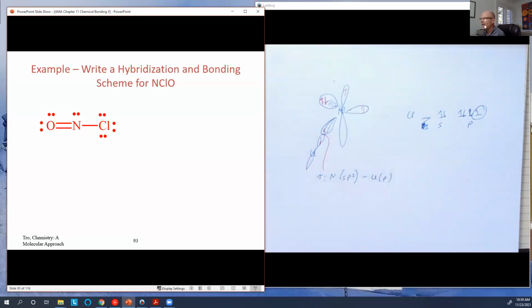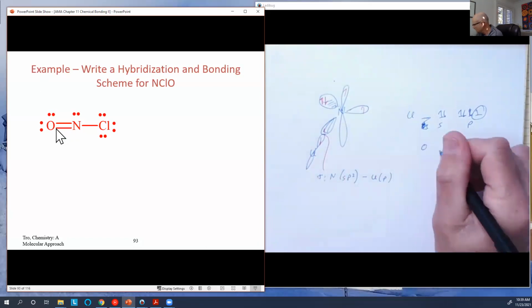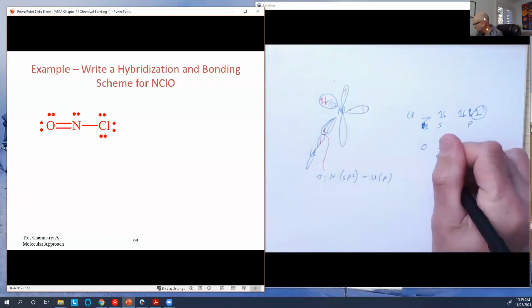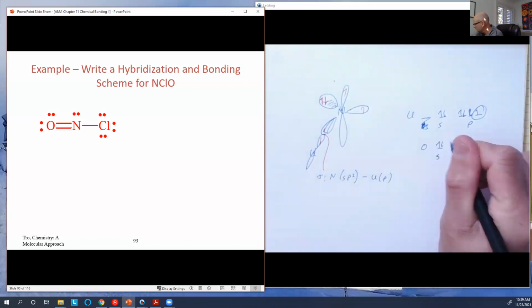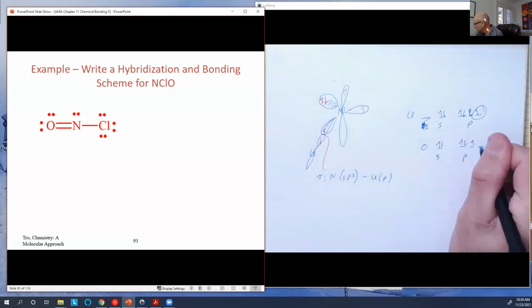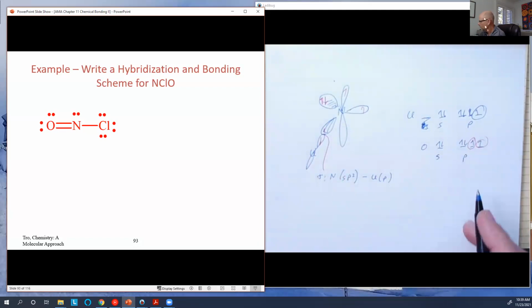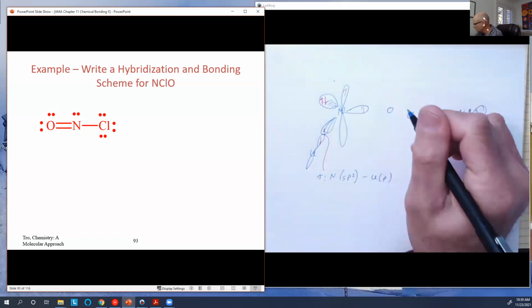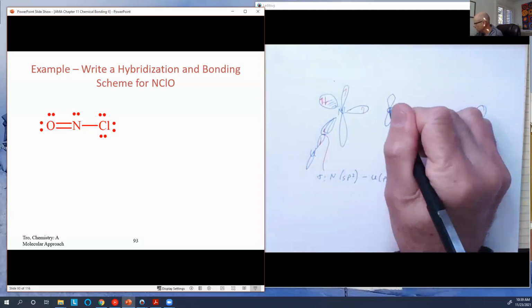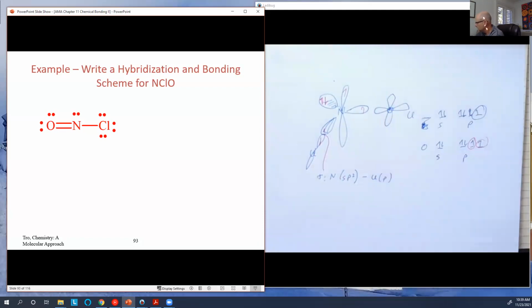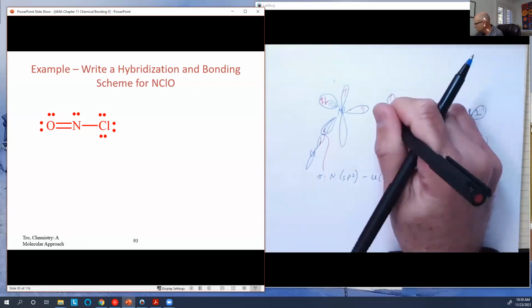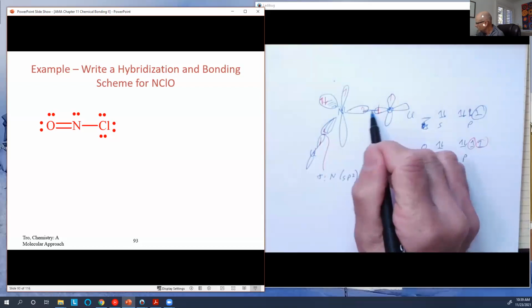Then I have to figure out this bond with the oxygen. So oxygen has sp2 like that, so I can form 2 bonds with p orbitals. So I'm going to write my oxygen here, 1 p orbital, 2 p orbitals. Each of them has an electron. So here's one of my bonds.